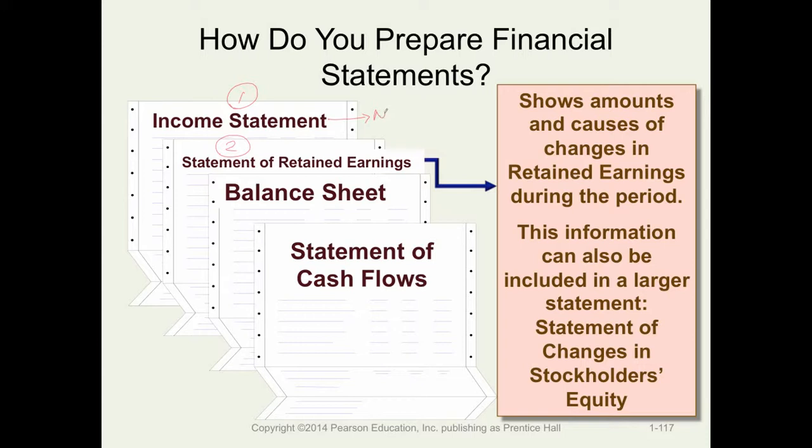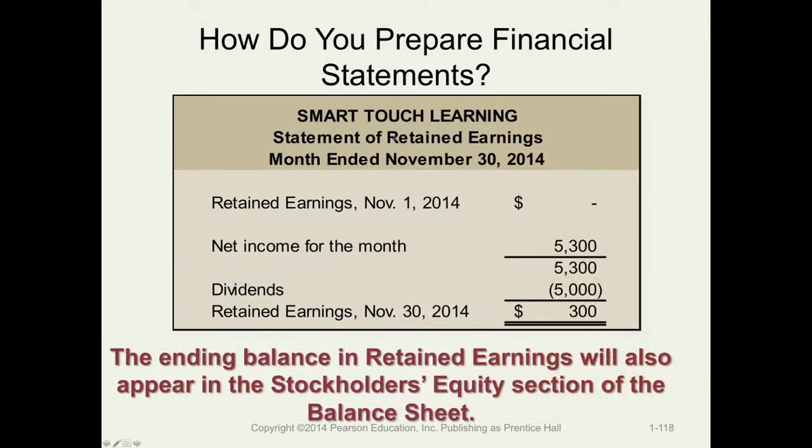The net income or net loss is needed to prepare the statement of retained earnings. In this case, the statement of retained earnings is quite simple. And then once again, we do begin with our heading. So the first thing, name of the company, the statement, and notice that it's for the month ended, just like the income statement.